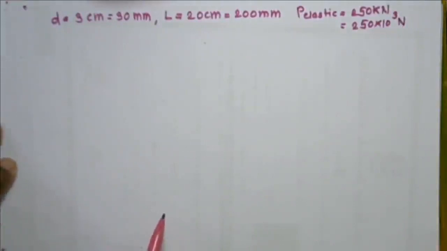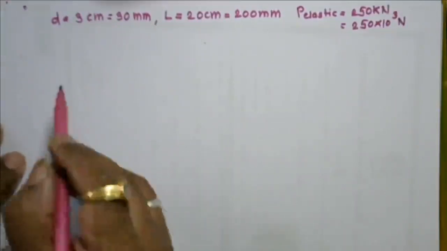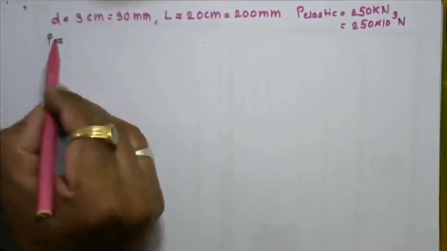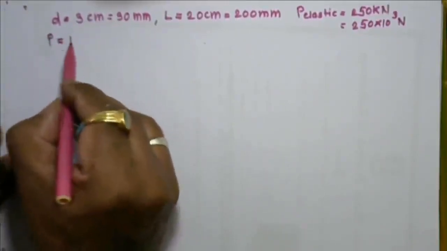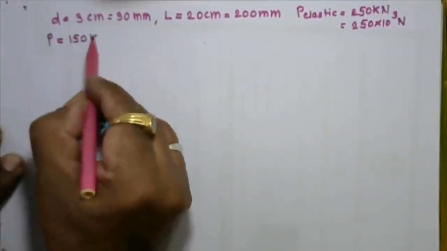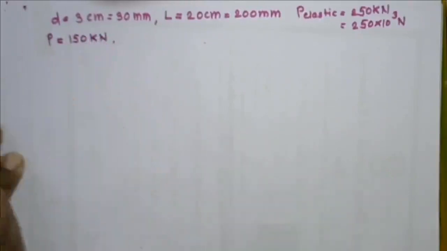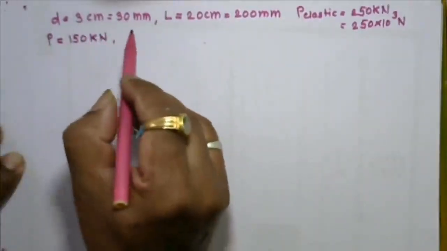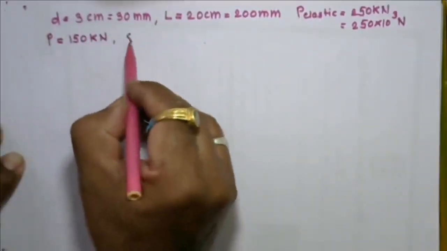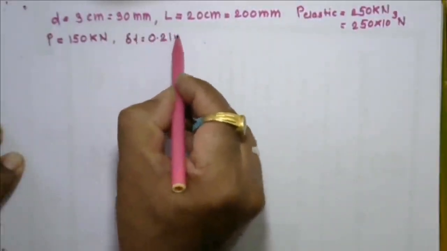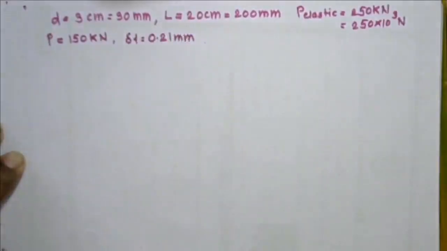Extension at a load of 150 kN means the load P is equal to 150 kN, and at that time the extension delta L is equal to 0.21 mm.